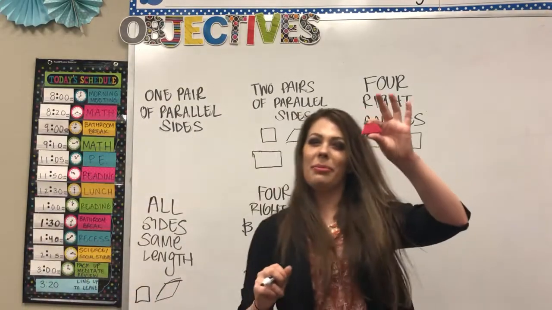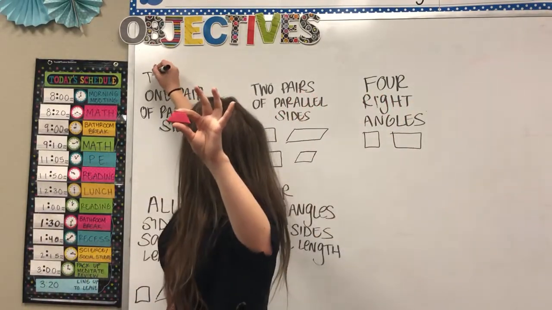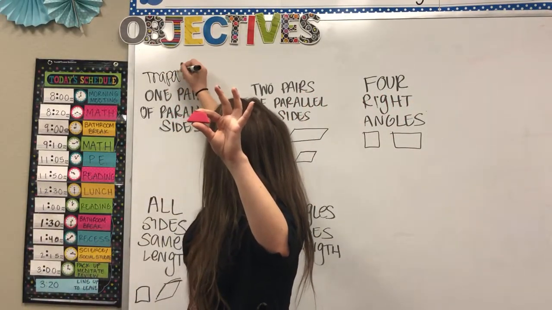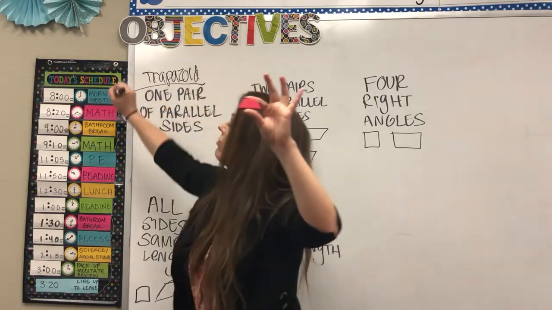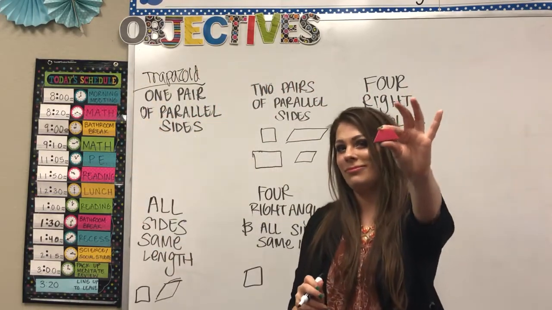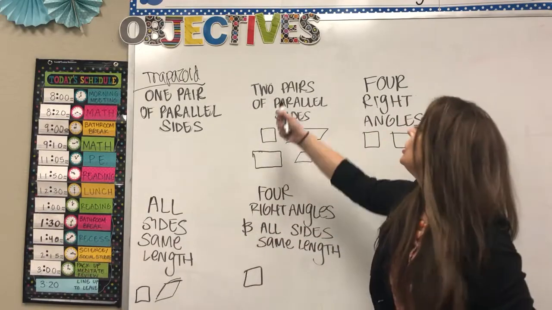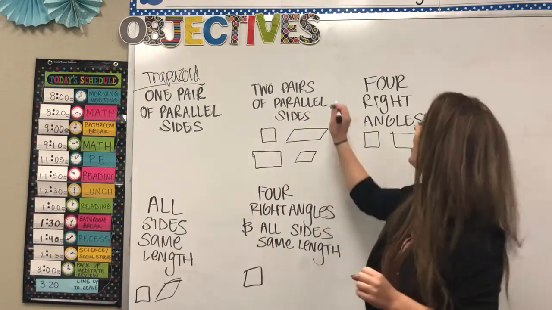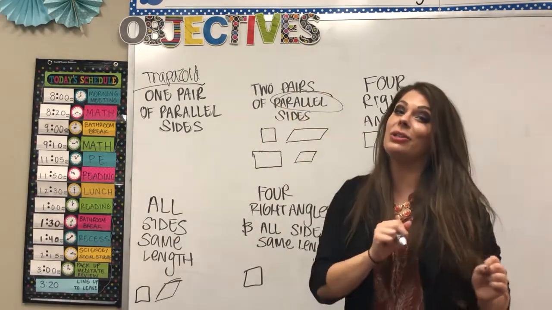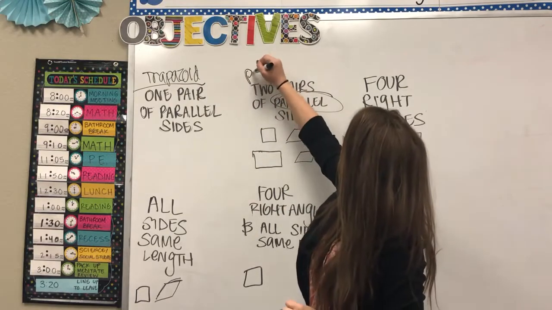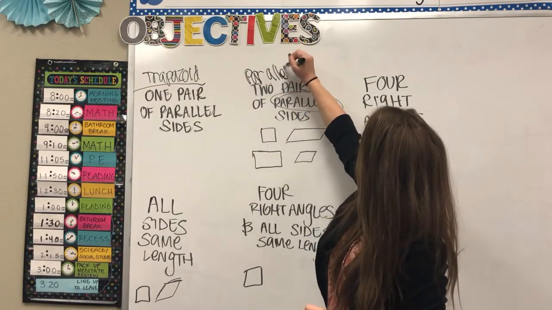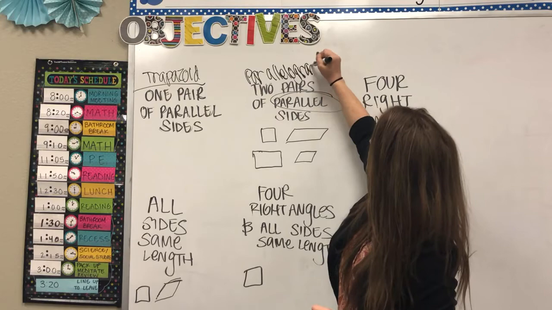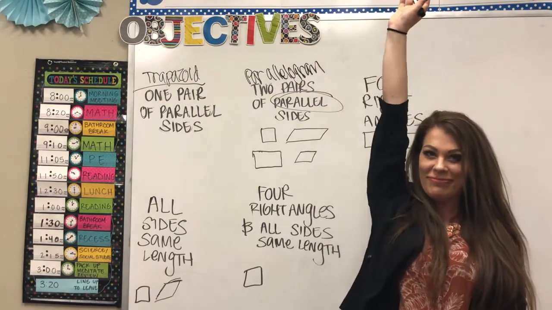Looks like this, remember? Trapezoid. Did you get that one? What about two pairs of parallel sides? Look at this word. That's going to be the clue here. Parallelogram. Yay! Did you get that one?